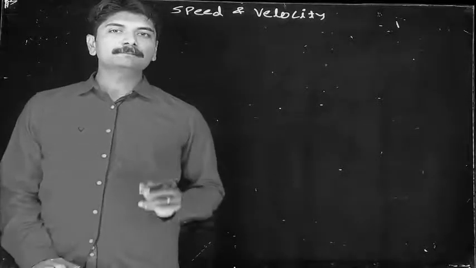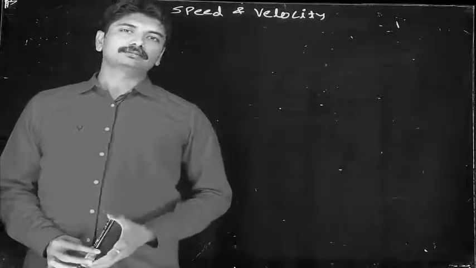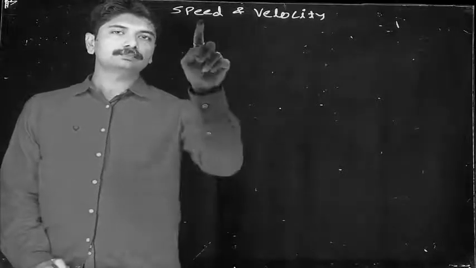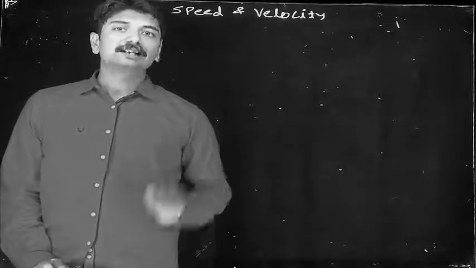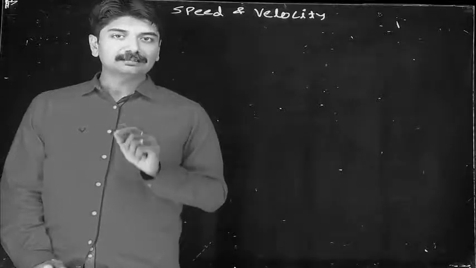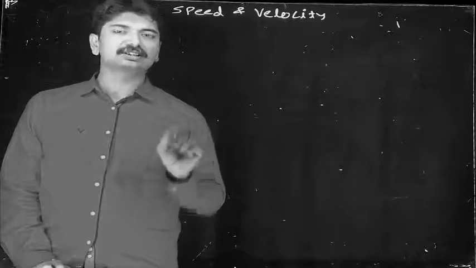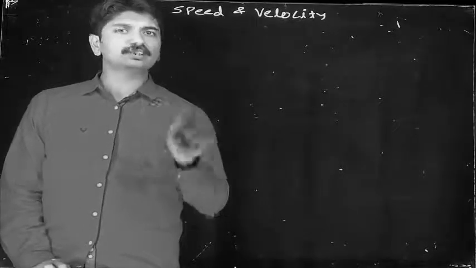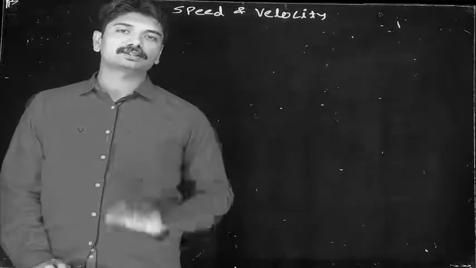What is meant by speed? First of all, what do these parameters tell you? That is very important. Whenever you talk about speed or velocity, what does it mean? Whenever your object is moving, whether it is making a displacement or you are measuring the distance, the obvious question that comes is: how fast?